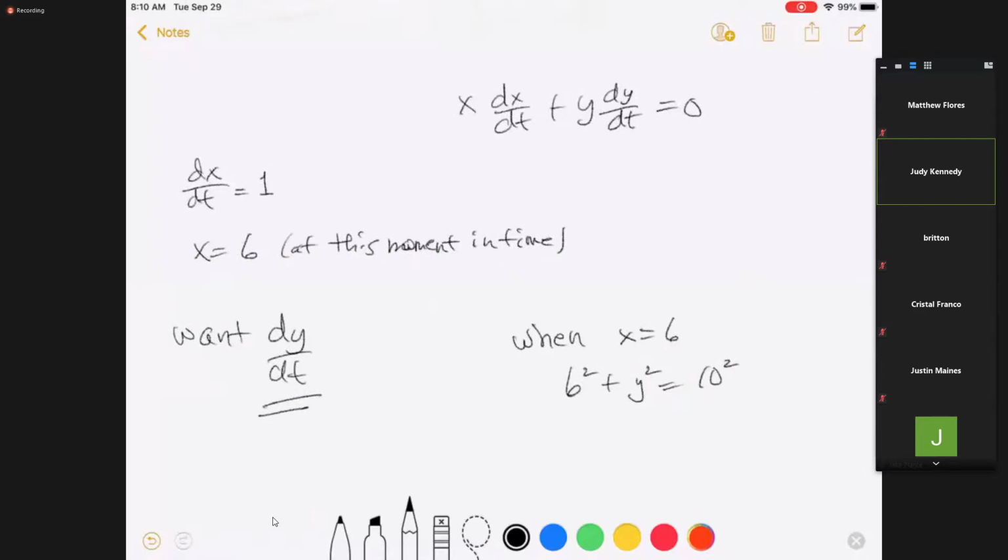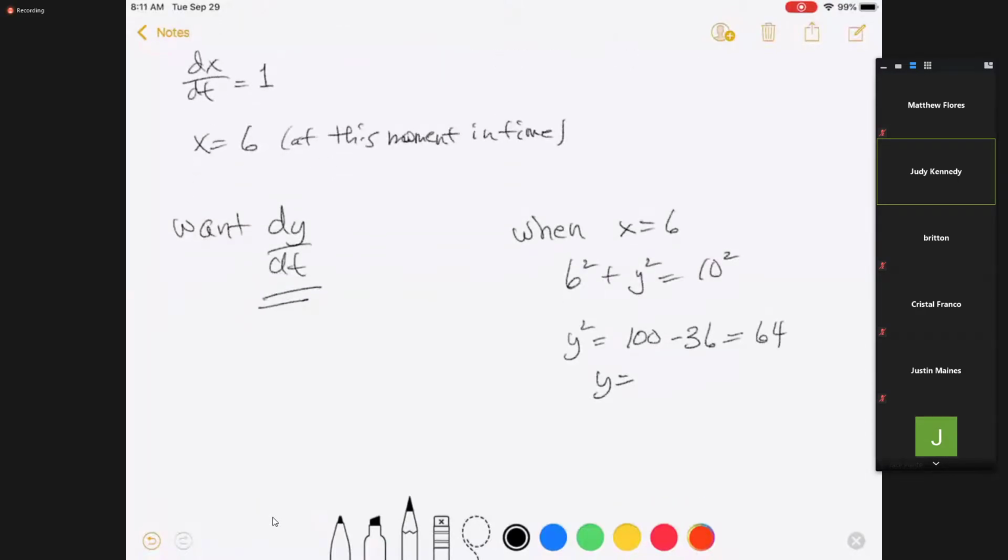But the Pythagorean theorem holds for all moments in time. But we'll get the value of y for this particular moment in time. So that says that y squared is 100 minus 36, which is 64.